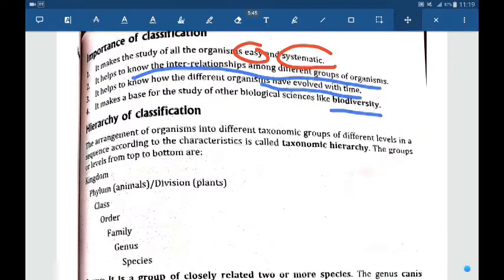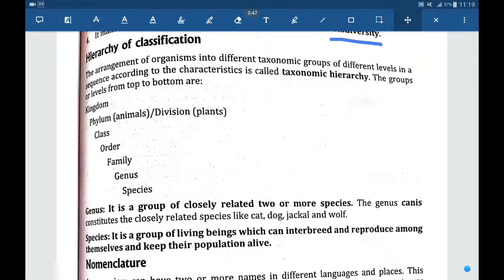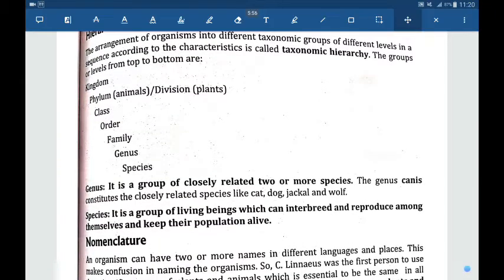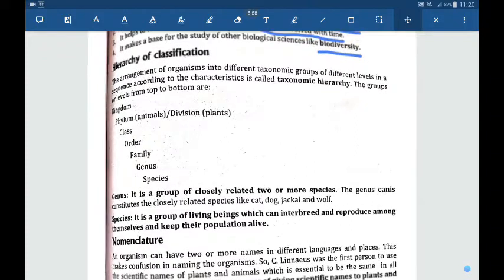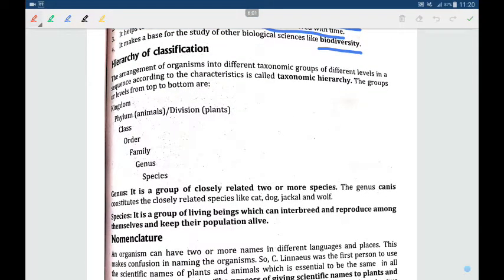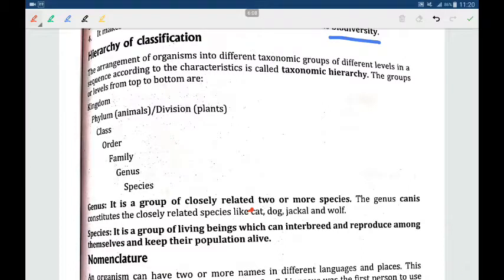So dear students, now let's discuss hierarchy of classification. In any organization there is hierarchy. Hierarchy means there is a pyramid, from lower level to higher level. When you talk about school, who is in the highest position?